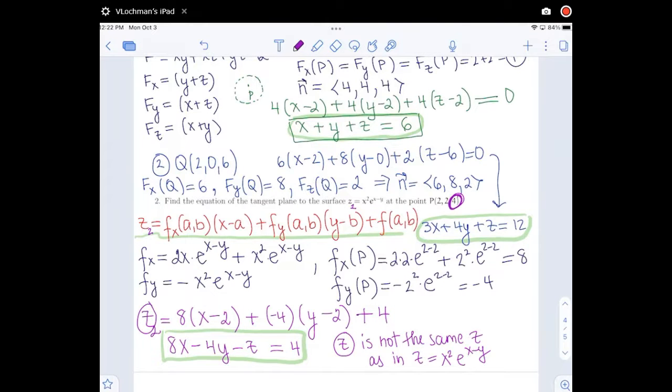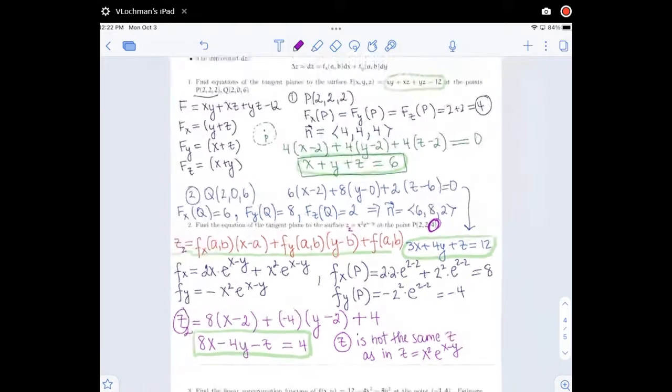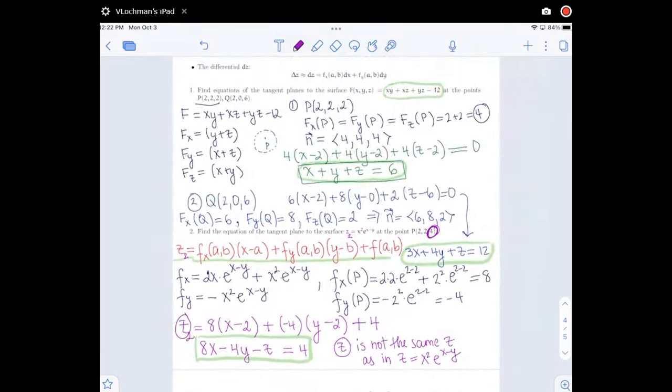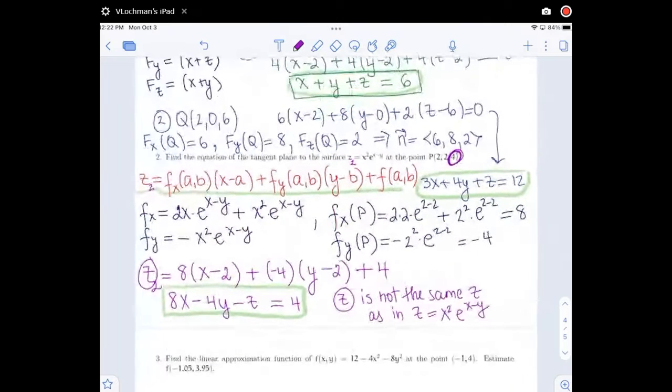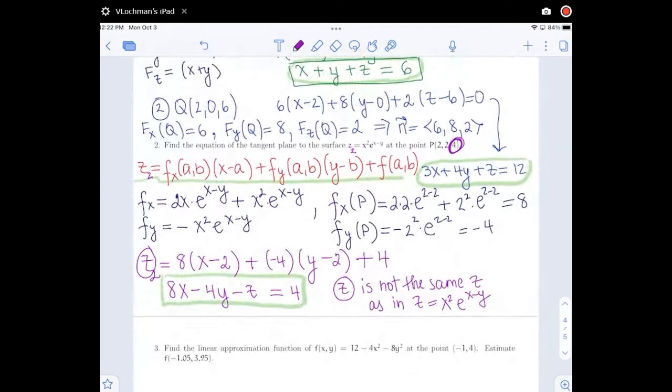All right. So you could try to solve this problem using the implicit formula, and you will get exactly the same answer. So if you were to do this in the implicit way, using implicit form, you need that big F, right?